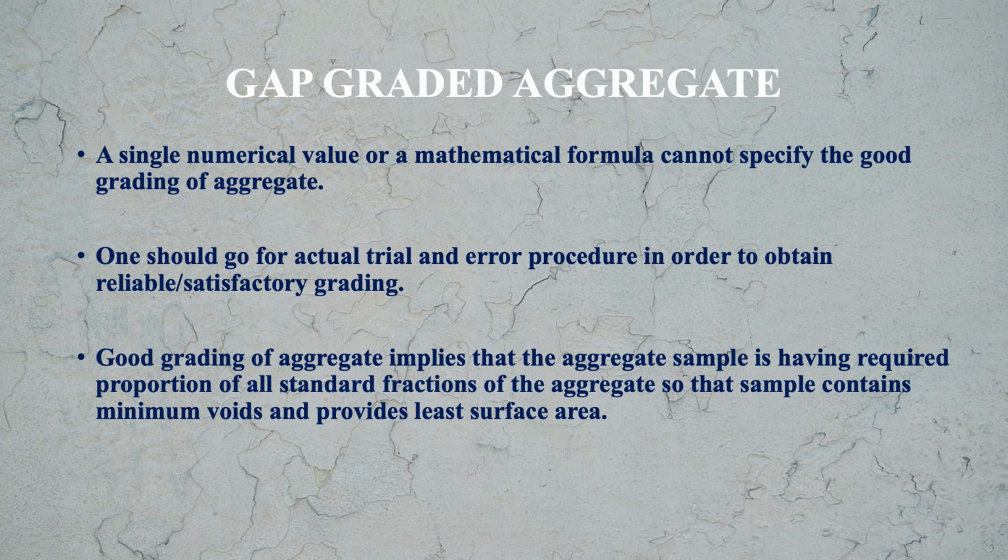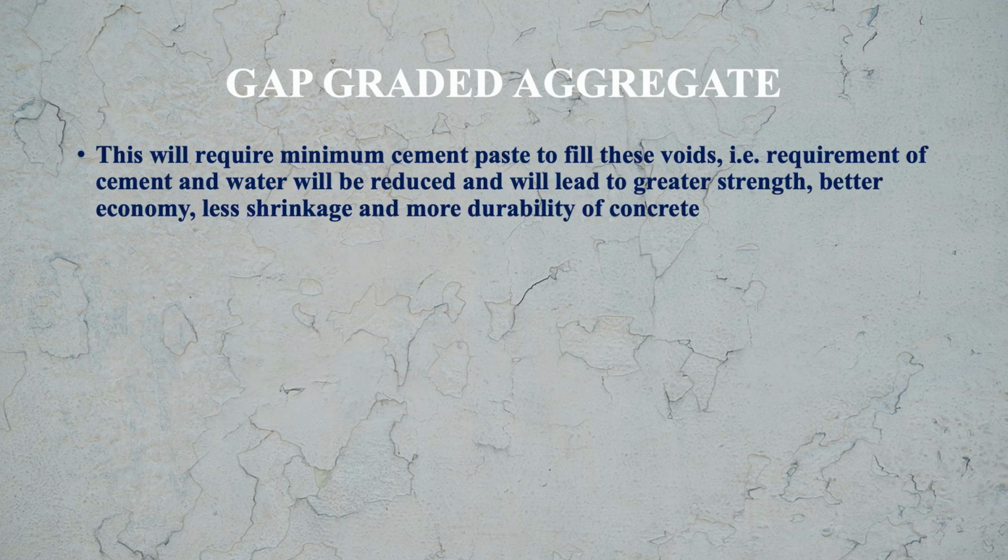Good grading of aggregate basically implies that the aggregate sample has the required proportion of all standard fractions, so that the sample contains minimum voids and provides the least surface area. This requires minimum cement paste to fill the voids.